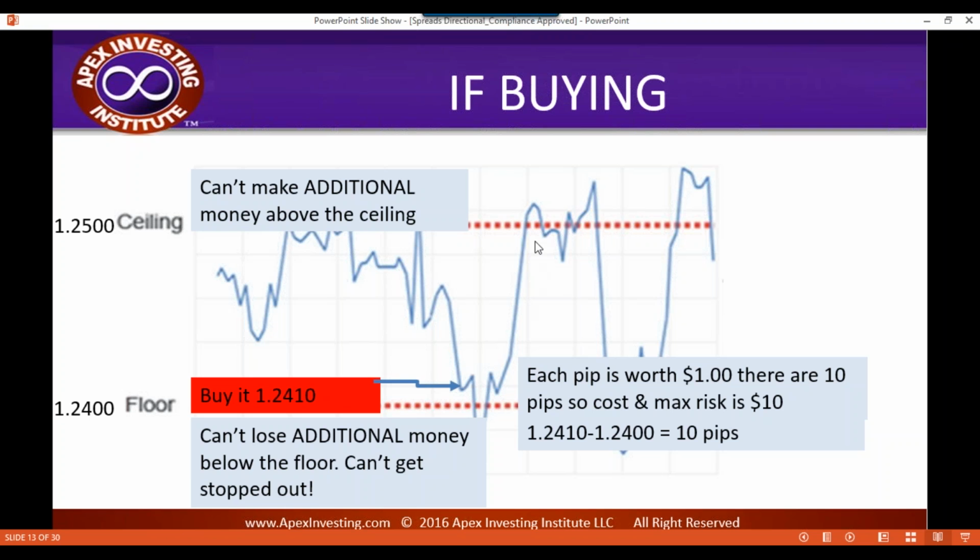I'm hoping it gets all the way up to 2,500. Maybe I can make 50 bucks. But if I buy in right here at 24.50, from 24.50 down to the floor, what's the difference? From 24.50 down to 2,400.